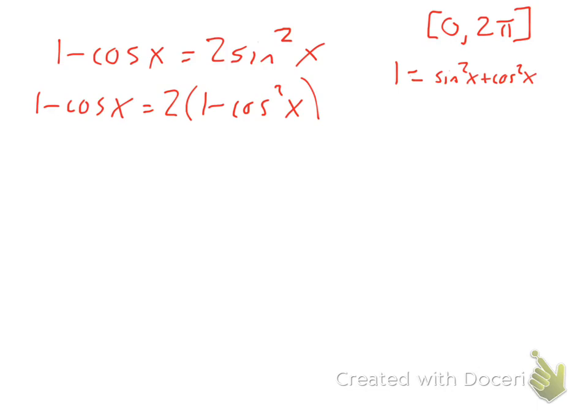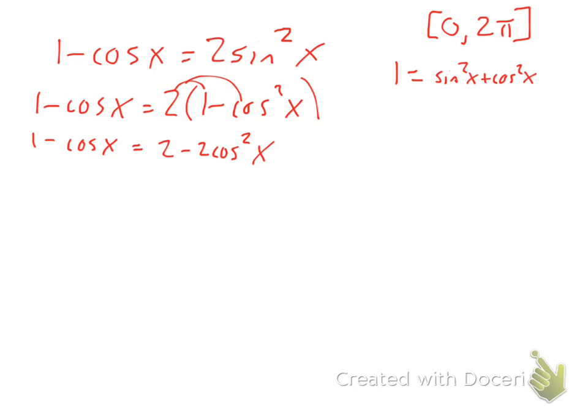Now what should I do with that 2? Probably move it in, distribute. Now if I bring everything to one side, I have all the same function, yes? Which side am I going to bring things to? Am I going to bring it to the right or to the left? And why?